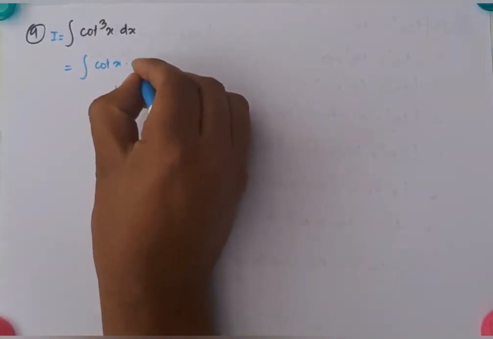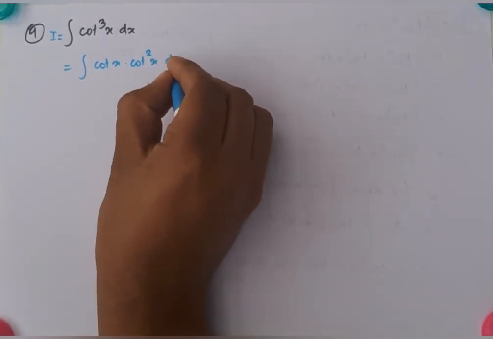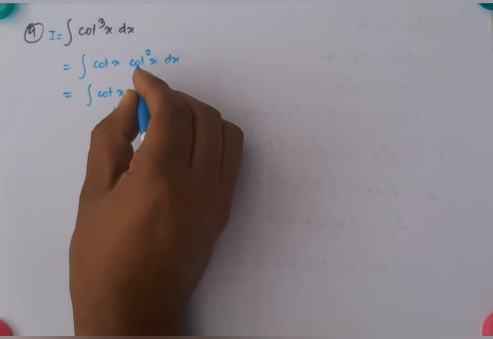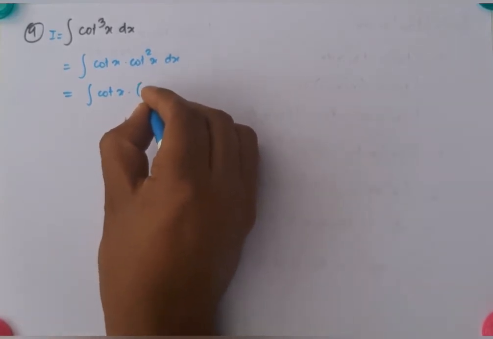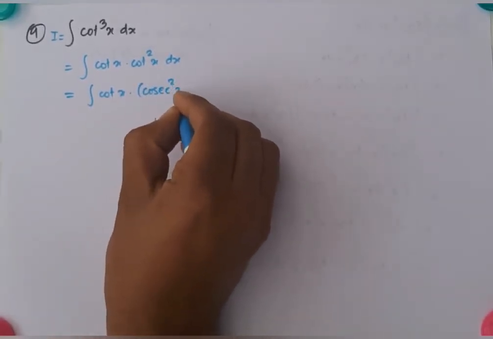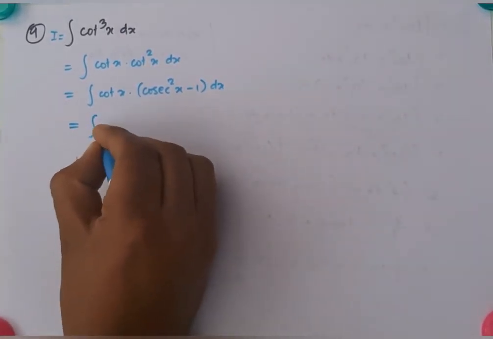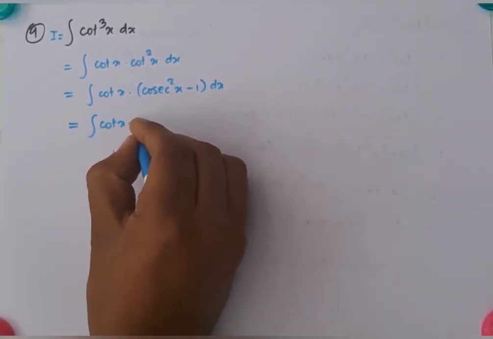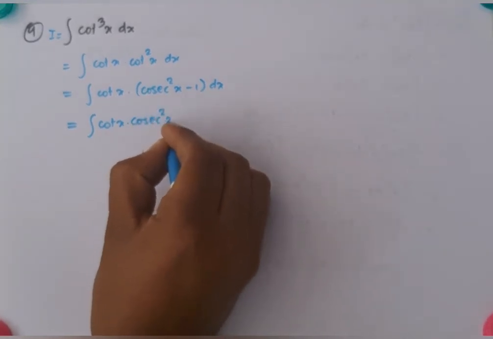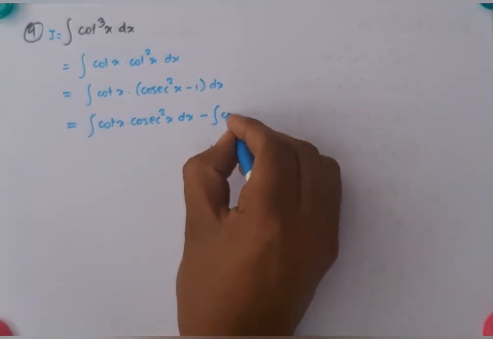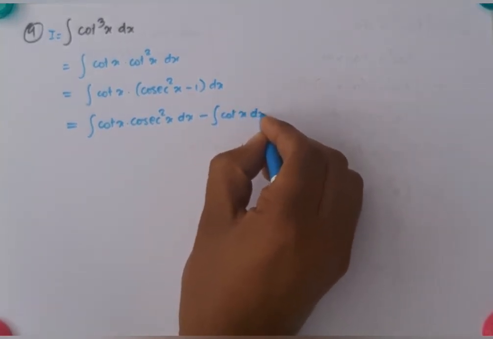So we have into cot square x dx, and cot square x can be written as cosec square x minus 1 dx. Now split the integral, and you'll get integral of cot x into cosec square x dx minus integral of cot x dx.